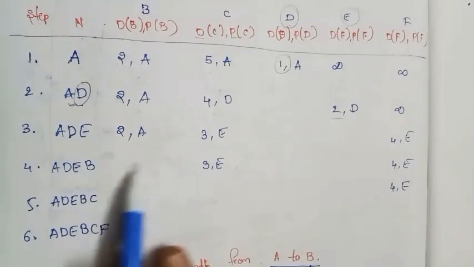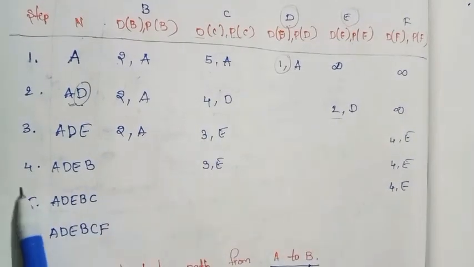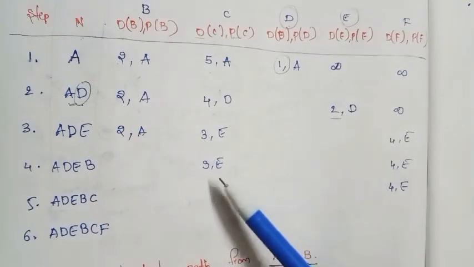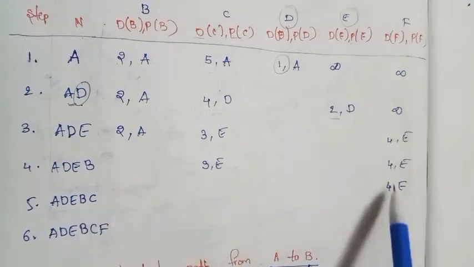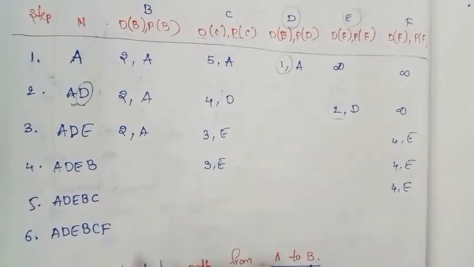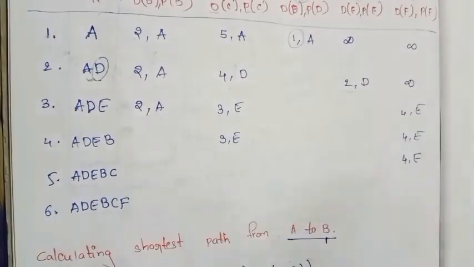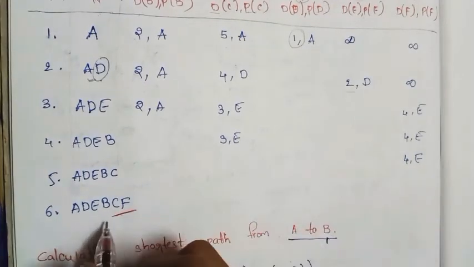So don't place any value in the place of B. And after solving this column, I got the shortest path for C, and that is 3, so I added it here. And after completion of this, at last we have the F, and I already added the F here. Now this is the shortest path, it means the least cost path.